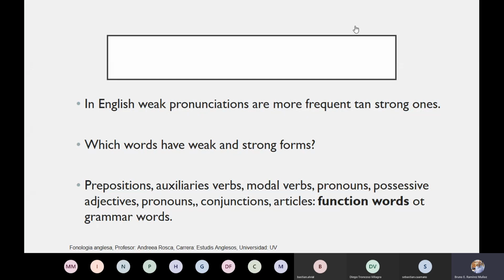Hector, do you have a working microphone? Hector, can you read aloud the slide?